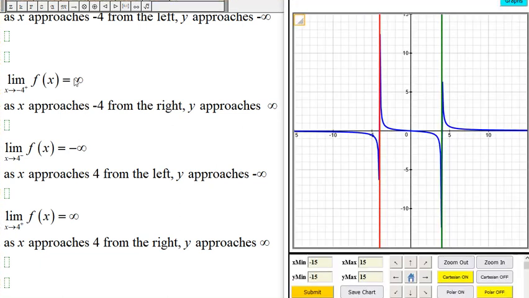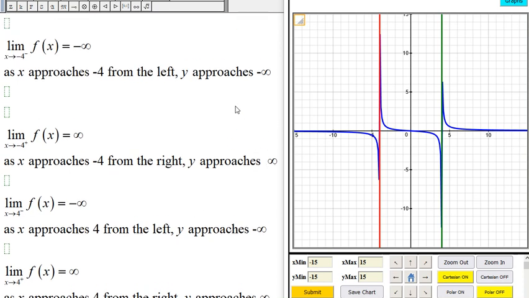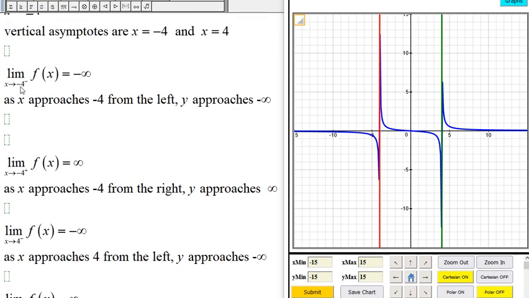And many times we can just look at the graph and tell what happens to the y as x approaches negative 4. So right here, this is negative 4, and we're getting closer and closer to negative 4 on the left side. The graph is going down, and so that tells us that y approaches negative infinity.